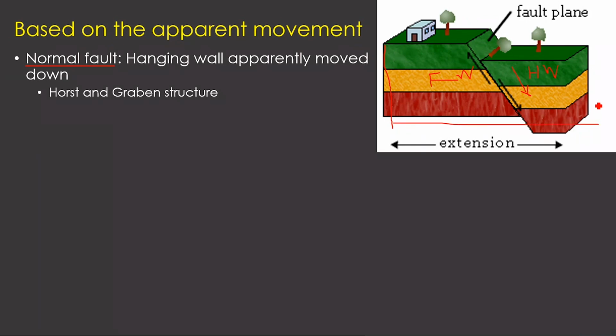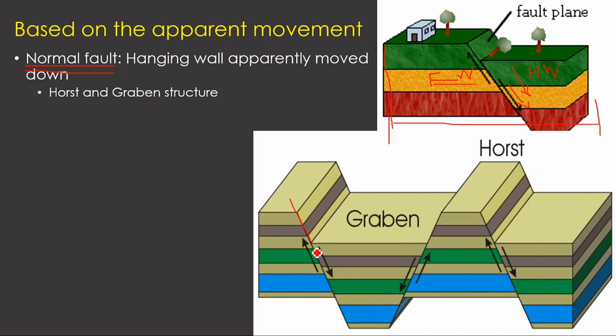The extension happens, the expansion happens, the length increases. Correct. So when the hanging wall of the disrupted block has moved relatively down, then we call it a normal fault. So here this is also a normal fault because this hanging wall is moved down.